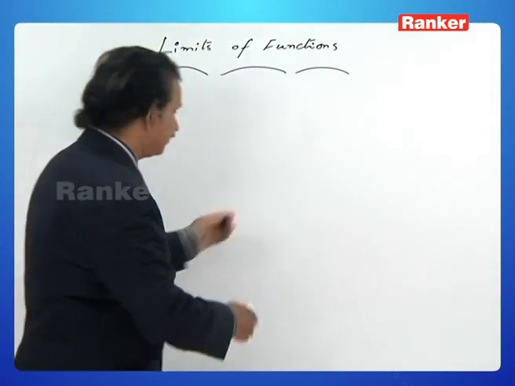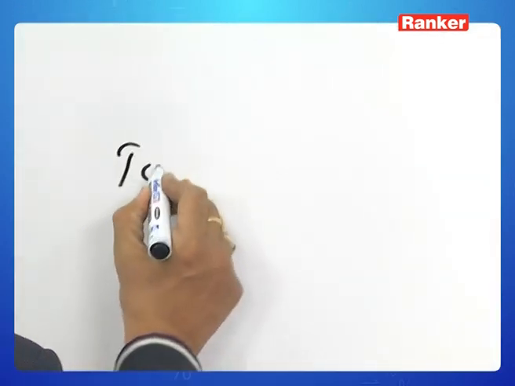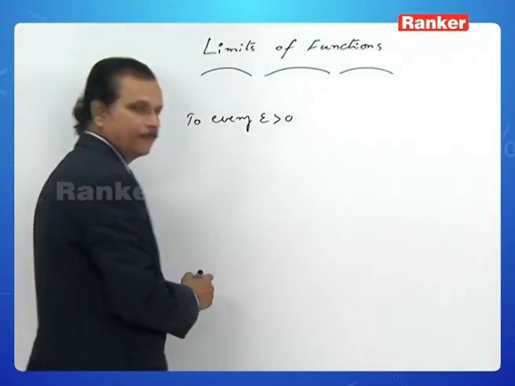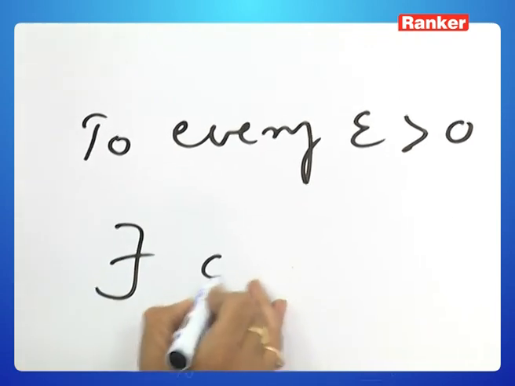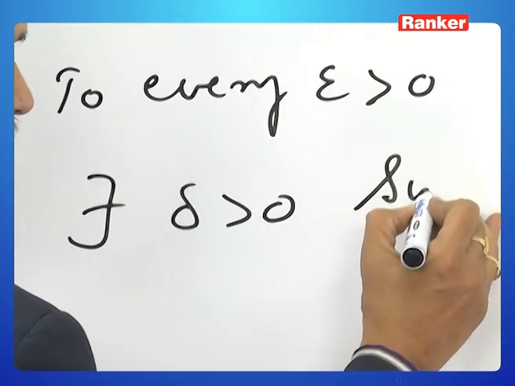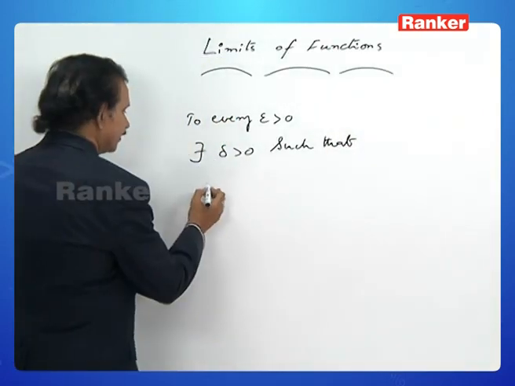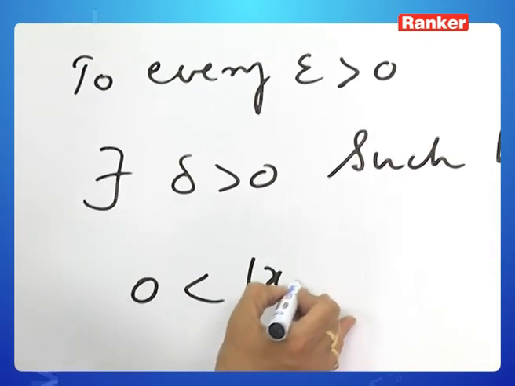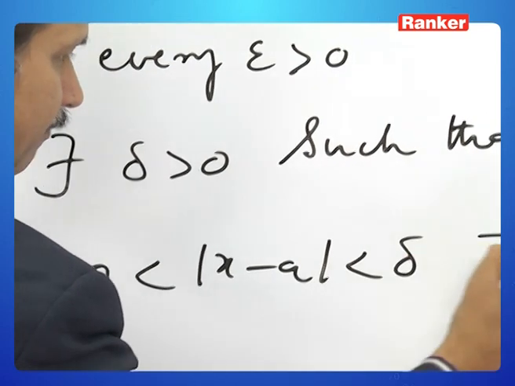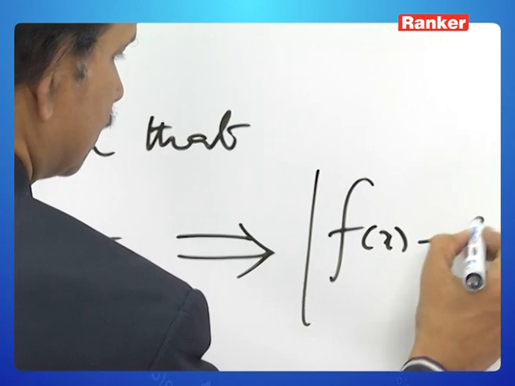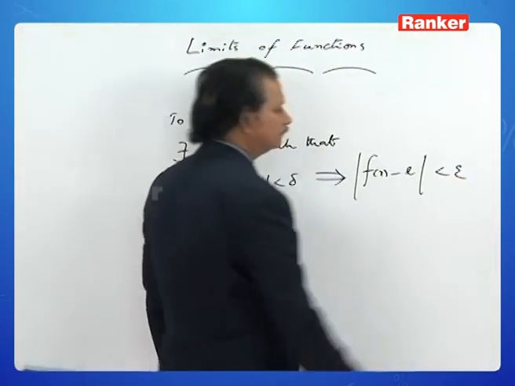What I mean to say is, to every epsilon greater than 0, there exists delta greater than 0 such that 0 less than mod x minus a less than delta implies mod f of x minus L less than epsilon.